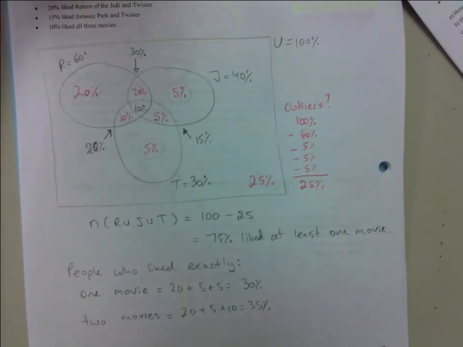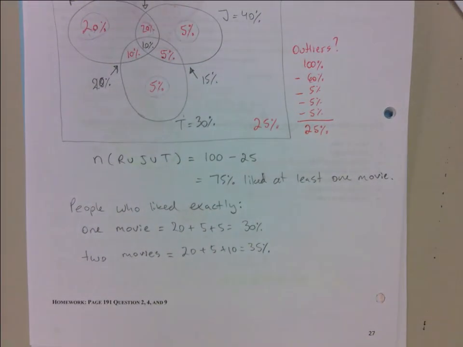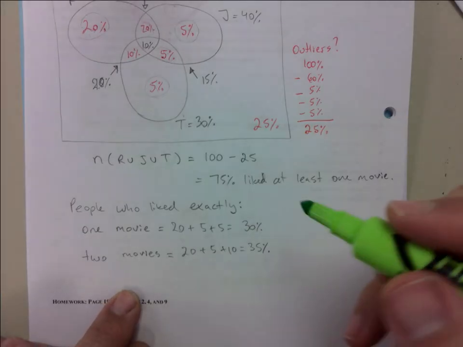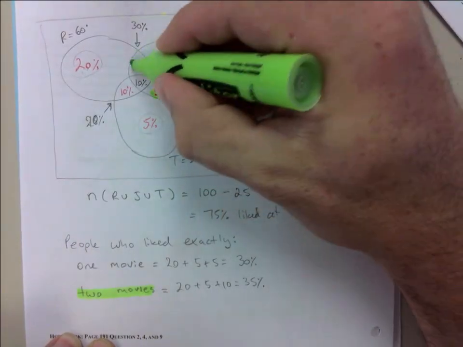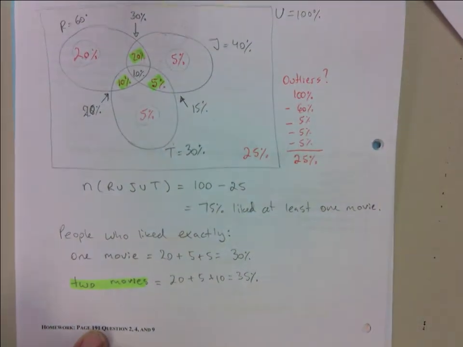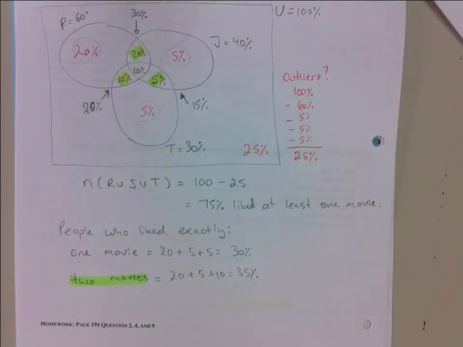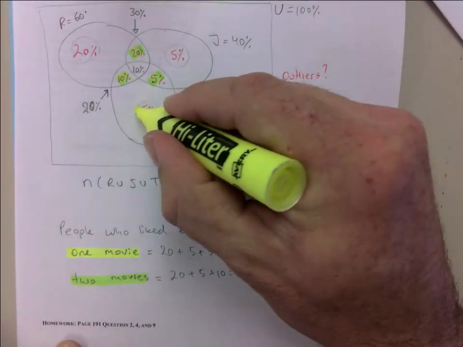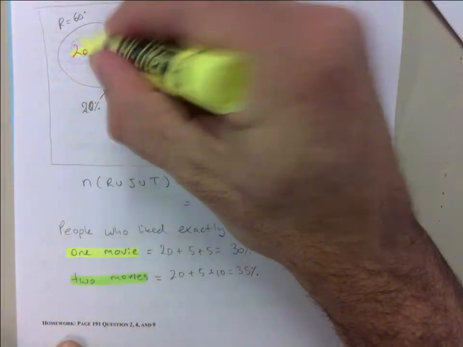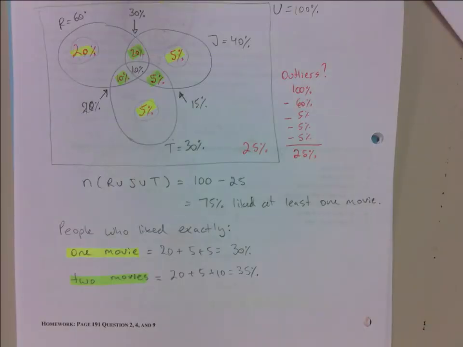Oh, you can't see that. Cameraman, come on. 2 movies is 35. Okay. I wouldn't mind adding some color if you'd be all right with that. You can do whatever you want at the end of the day. But exactly 2 movies, I got those from there. Okay, so if you ever look back in your notes, where did you get that from? And exactly 1 movie, I added up these 3 numbers right there to give me the 1 movie only.